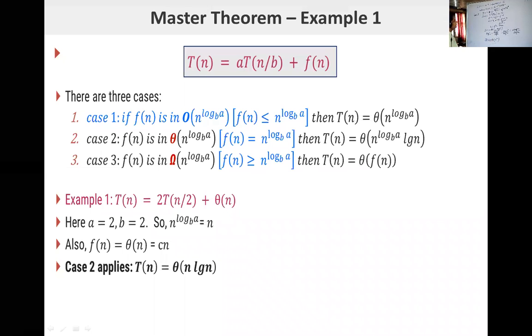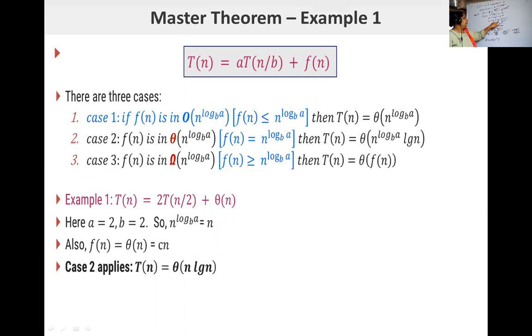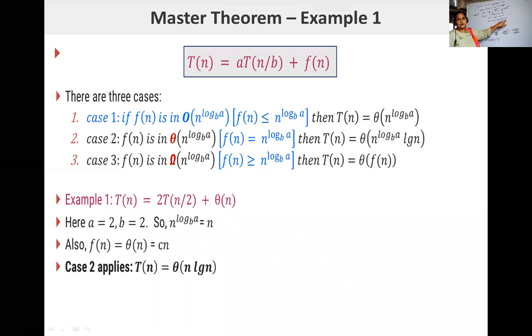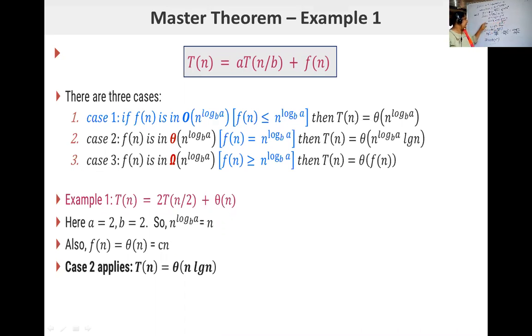I repeat it again. A is equal to 4, b is equal to 2, f(n) implies n raised to power d, with the value of d being 1. 4 is greater than 2 raised to power 1, that means case 3 applies. You can write log 4 base 2 as log 4 divided by log 2, and 4 is 2 square, so log 2 square by log 2.